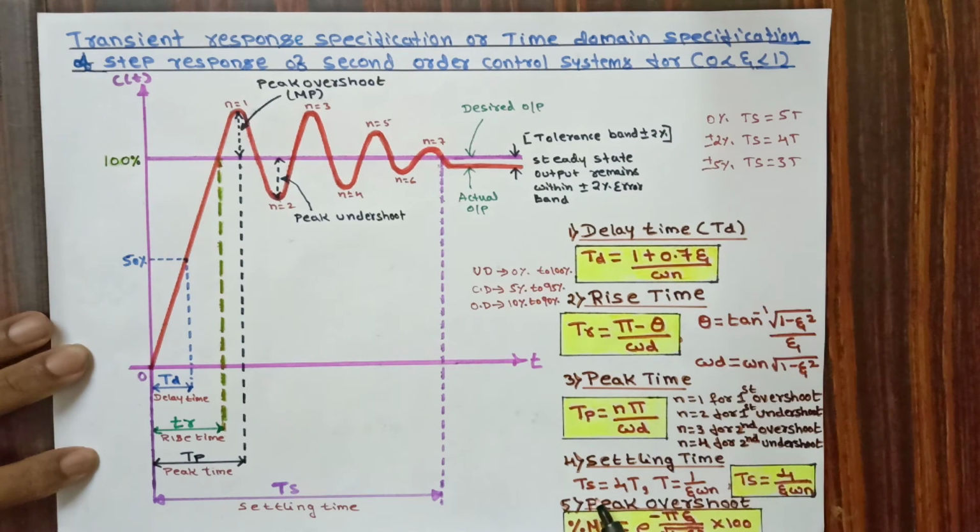Then you can see the formula. Settling time, I have considered 4 times the time constant, and time constant is equivalent to 1 divided by zeta omega n. By substituting this value, I will get settling time Ts is equivalent to 4 divided by zeta into omega n. Remember, if in the question it is asked settling time for 0% tolerance band, it will be 5 times the time constant. If it is for 5% tolerance band, then the settling time will be 3 times the time constant.